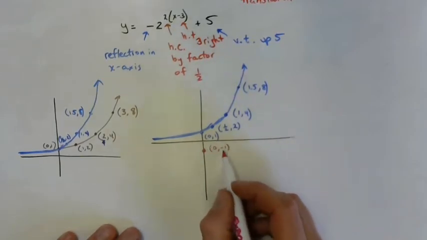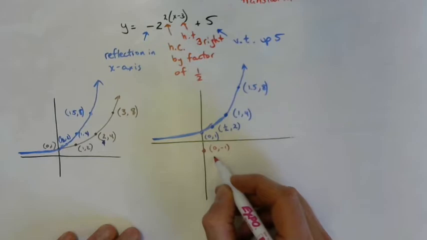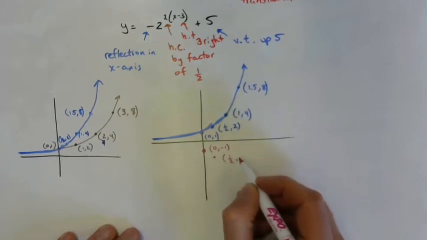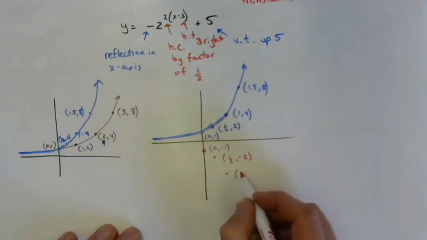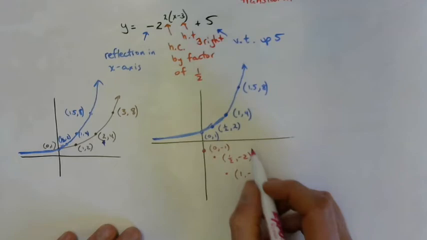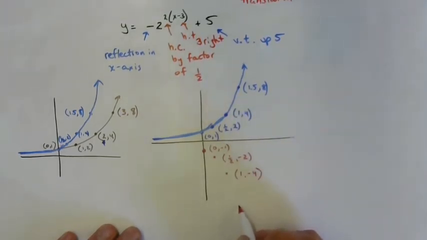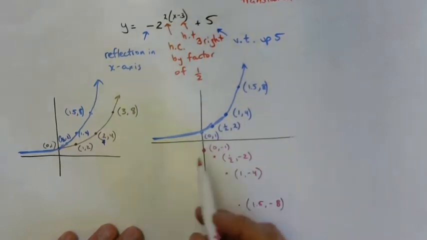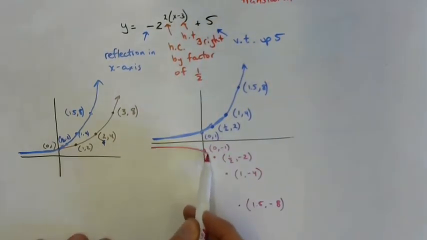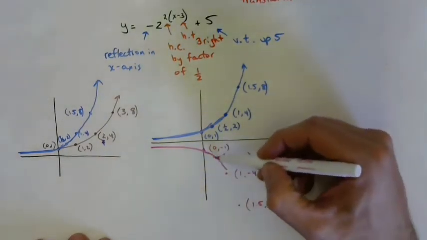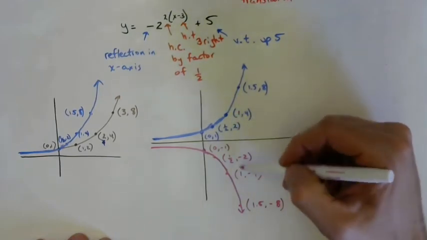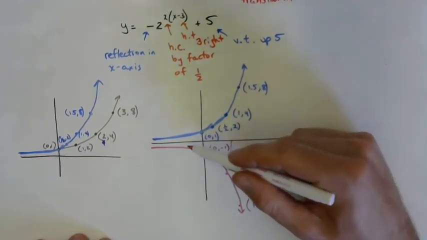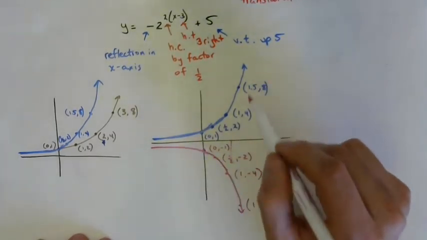So I'm going through 0, -1, 1/2, -2, 1, -4, and 1.5, -8. It's just a reflection over the x-axis here, so all of these points should be equidistant from the x-axis. And now we're decreasing instead of increasing.